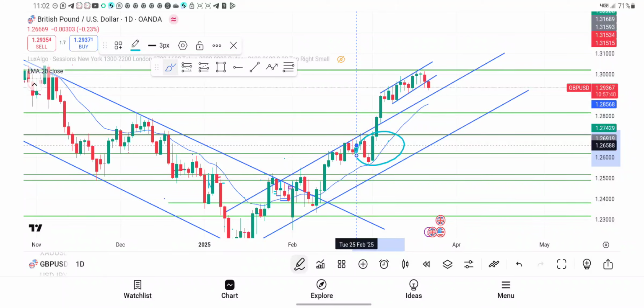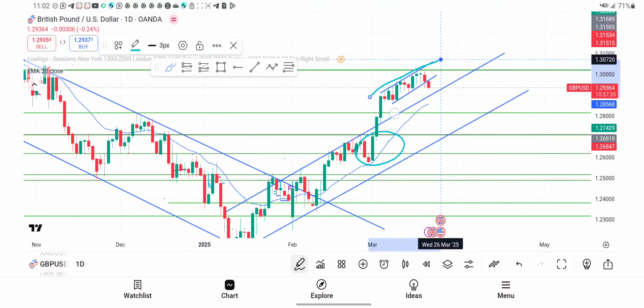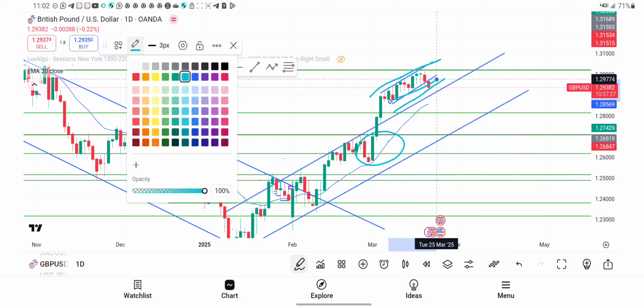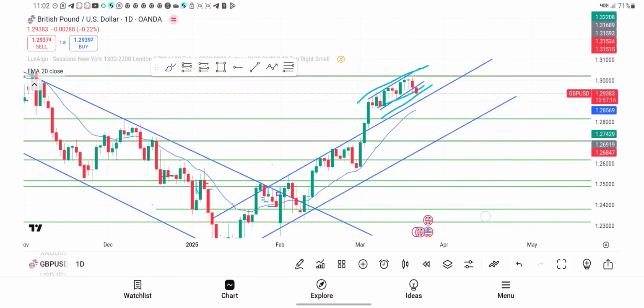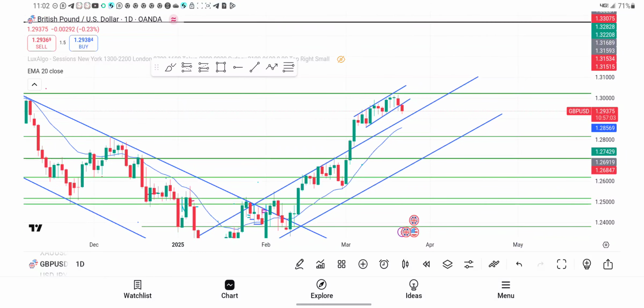And with this breakdown that we're seeing after this range, and from this particular trend line right over here, that might be our signal that the market may be going for the correction.